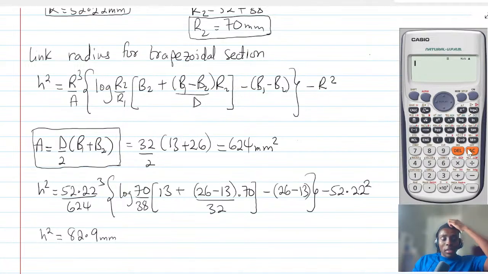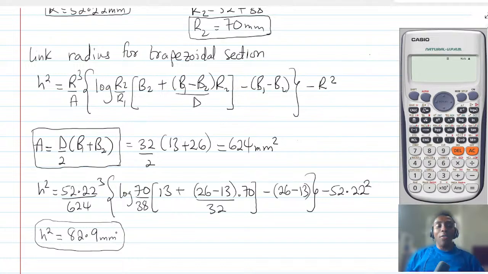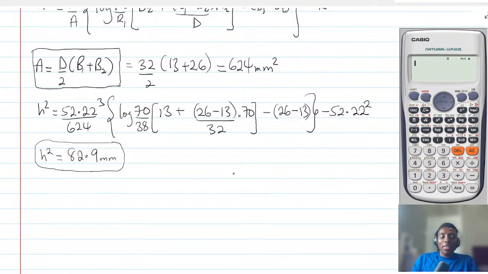So take your time and cross check the answers. But the answer is supposed to be 82.9. I've already calculated it, but I don't know why I'm getting this. So I'll leave that for you to verify.